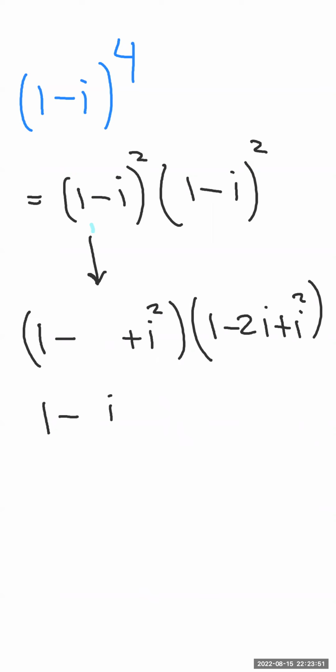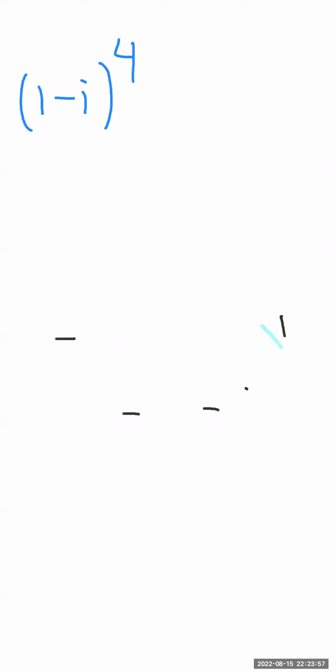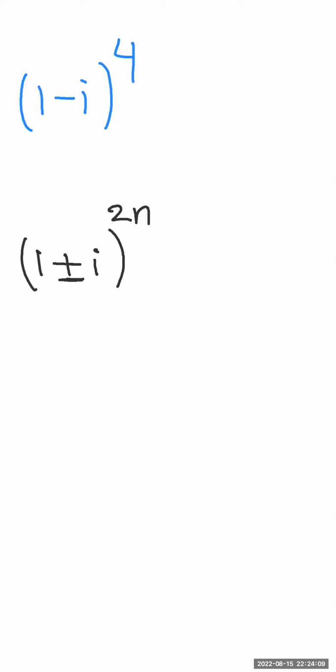If there is a complex number 1 plus or minus i, all to the power 2n, it will equal (plus or minus 2i) to the power n.